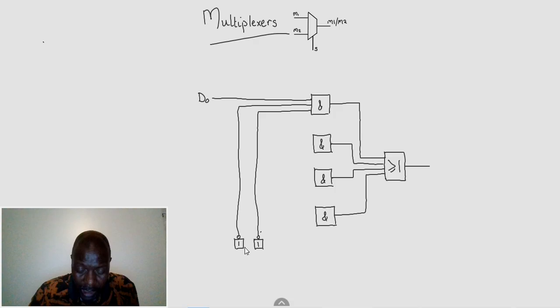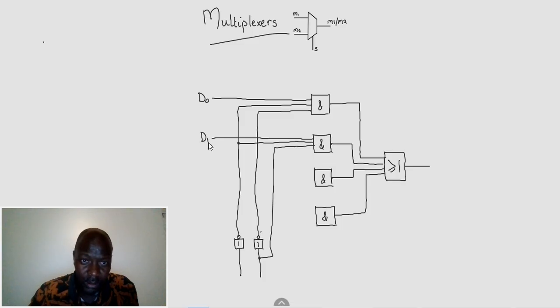Okay. Now 0, 1, 0, 1 will mean 0 from this one, and 1 from the other one will open that one there, and our D1 can come through.